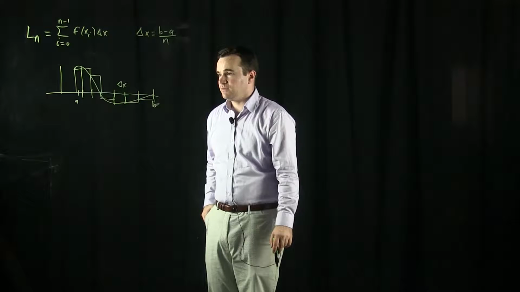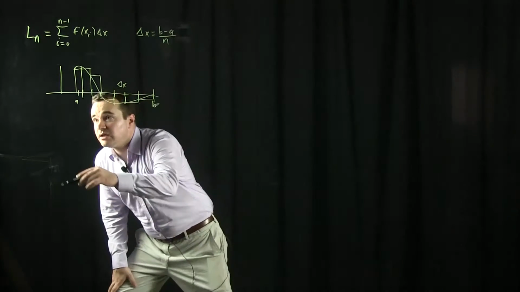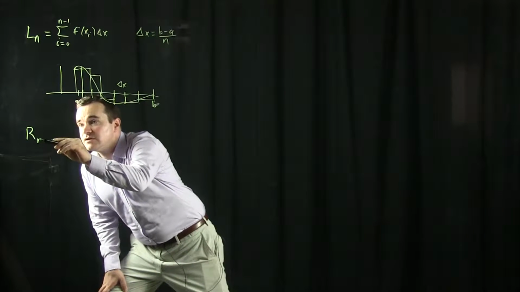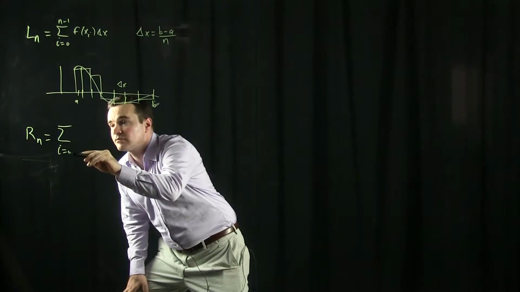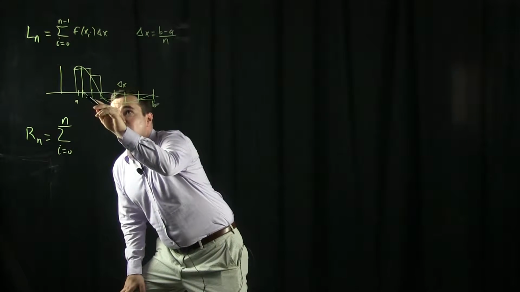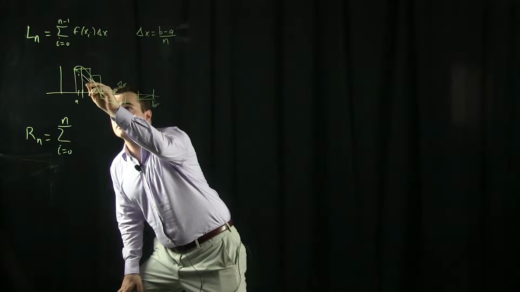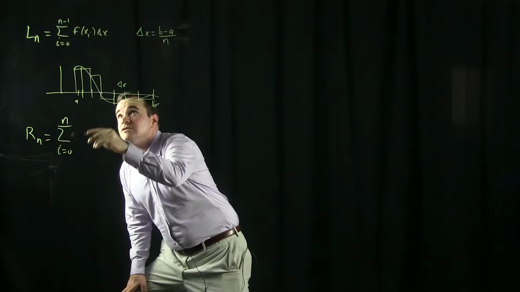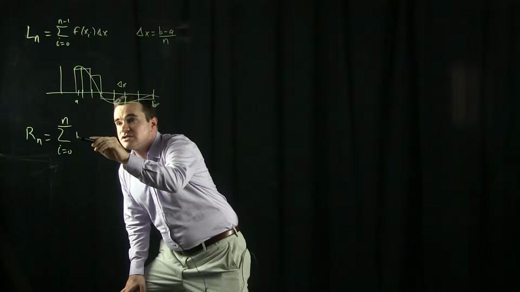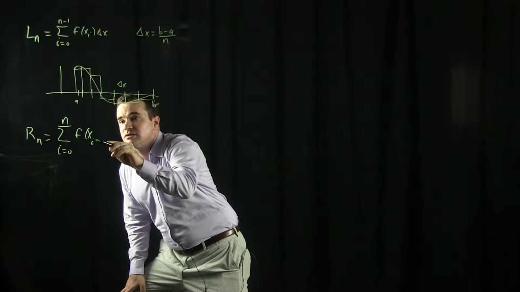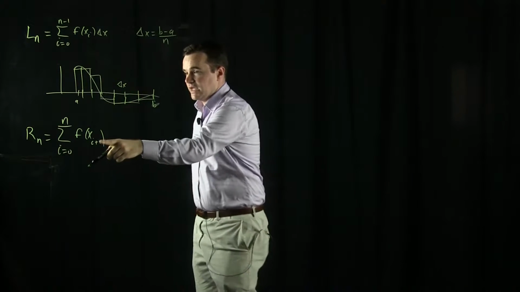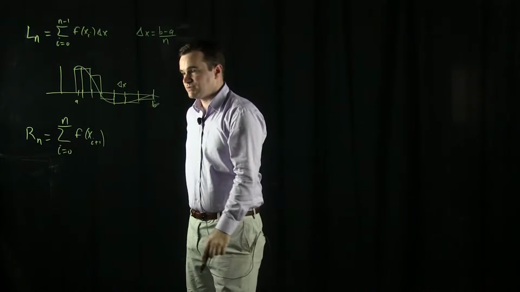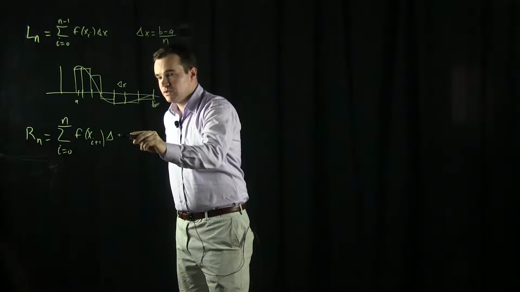I can write one down for the right endpoints. What you would be doing in your approximation instead is nothing but taking the value of the right endpoint, which would be up here instead of the left endpoint over there. And to write that down in notation, you'd just say f of x sub i plus 1, because to get to the next endpoint, you just add 1 to the subscript, times delta x.